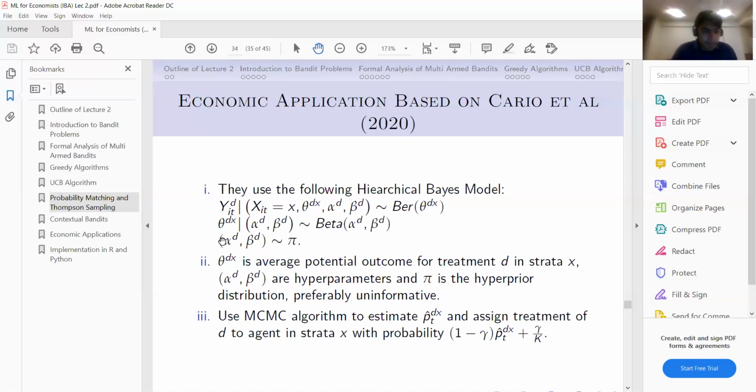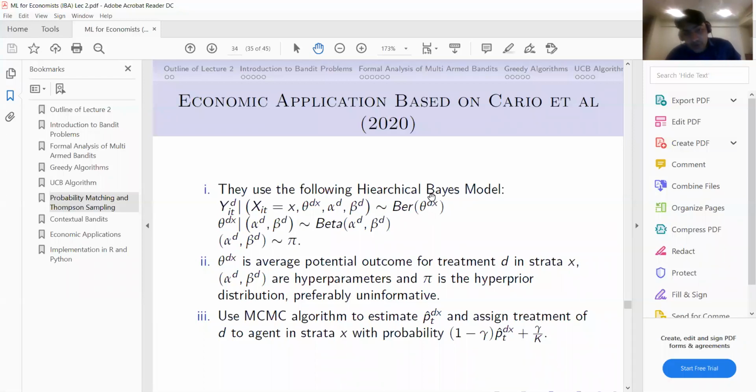And this is what is known as a hierarchical Bayes model. It's slightly complicated, but not that complicated. There are multiple layers of complexity here, and this is what is known as a hierarchical Bayesian model. So the outcomes depend on X and theta and these hyperparameters, because theta depends on these hyperparameters.